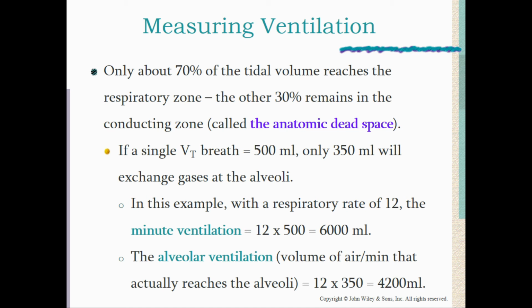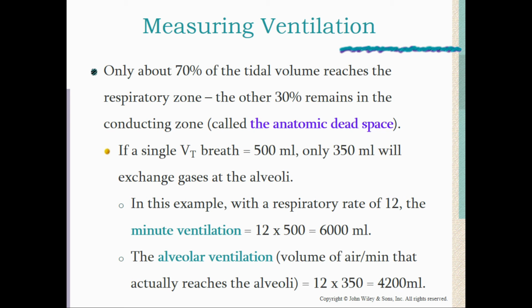The minute ventilation is 12 times 500. So in a minute of normal, quiet eupnea kind of breathing, you're going to exchange about 6,000 milliliters, or for those of you who can navigate the metric system, 6 liters of air in that 1 minute.